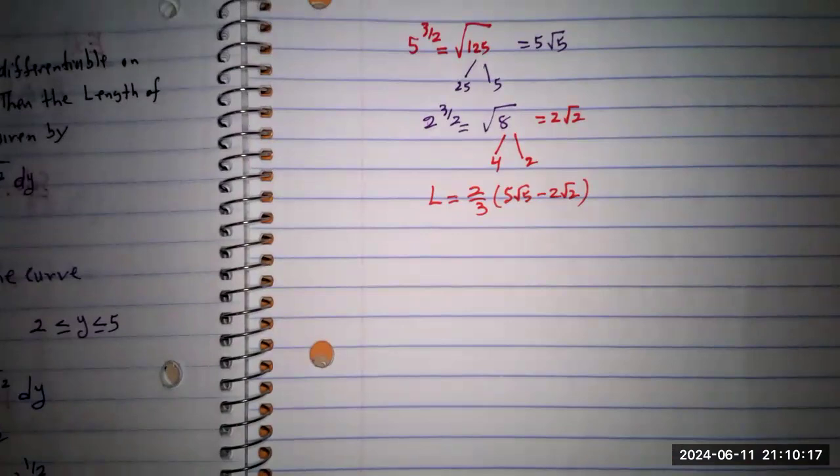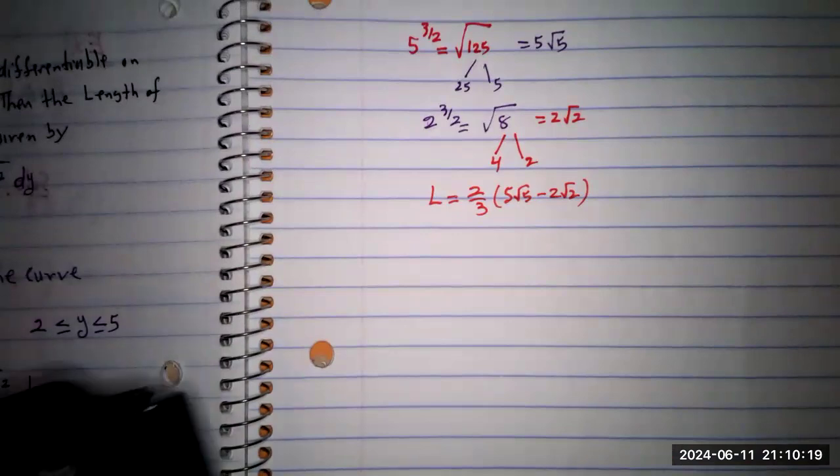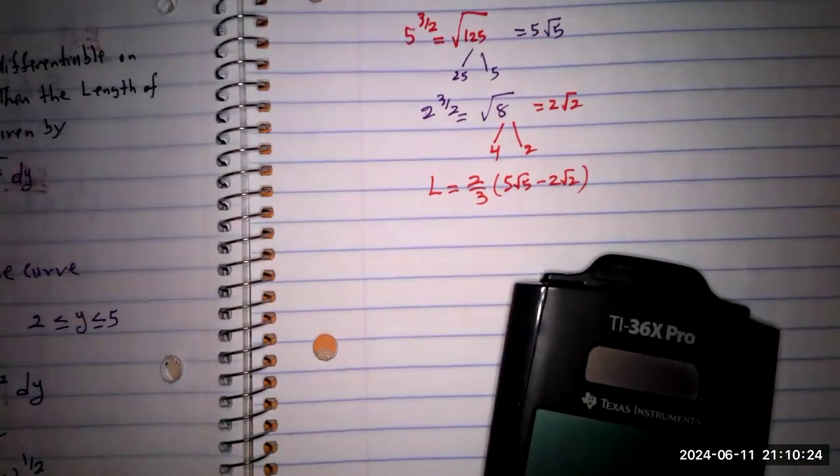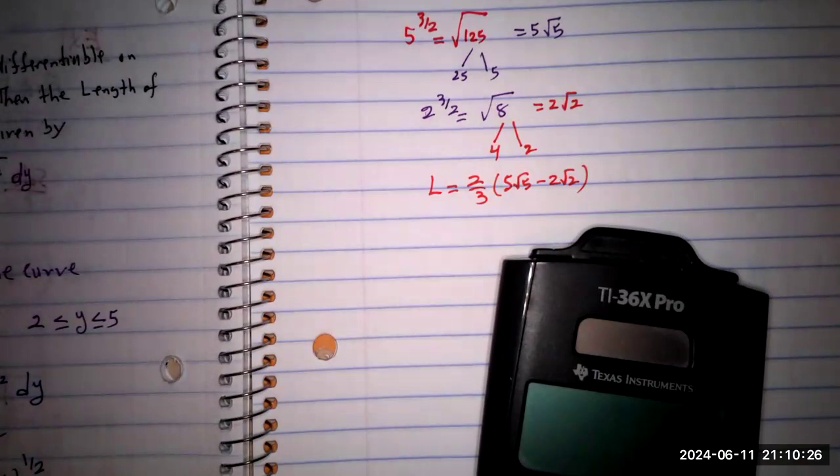You can leave this one as is, or if you like, you can use your calculator to find it. If you don't like it as is, we can find it.